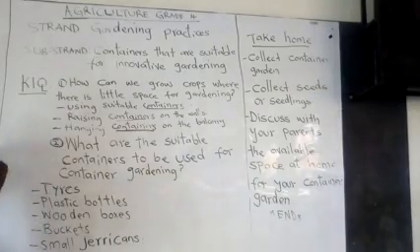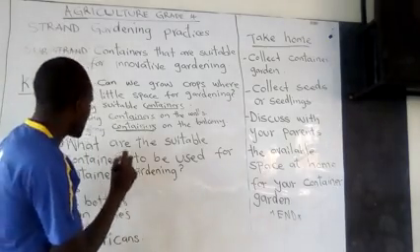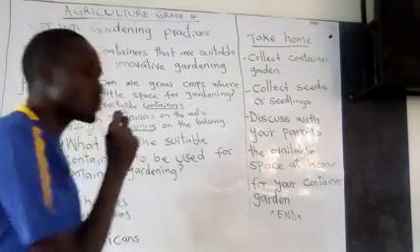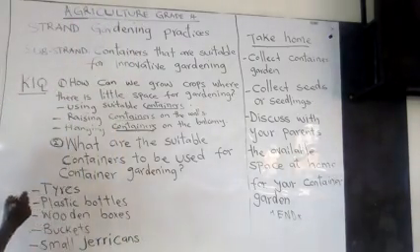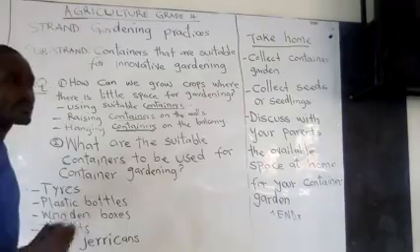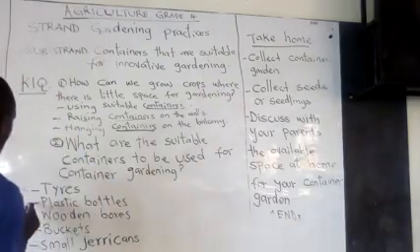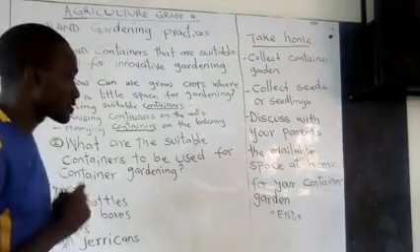Second key inquiry question: what are the suitable containers to be used for container gardening? 1. Tires. I'm sure tires are available. Number 2. Plastic bottles.